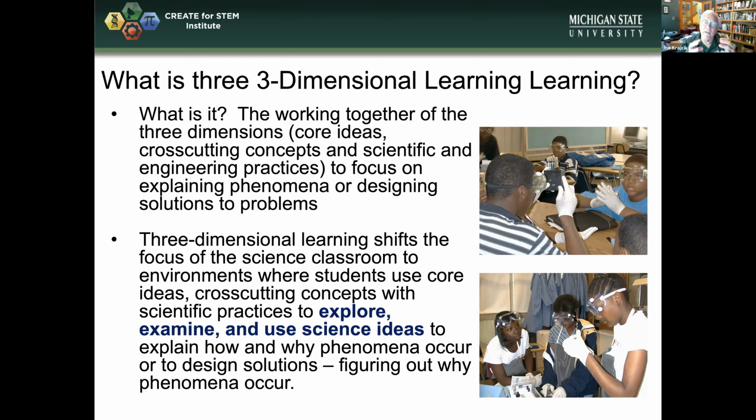It's actually to have them be able to explain why various phenomena in our world occur and how to solve problems. Now, to do that, they actually have to use the 3 dimensions. And as they use the 3 dimensions, their understanding of those ideas becomes richer and more sophisticated, and their ability to explain more actually increases.